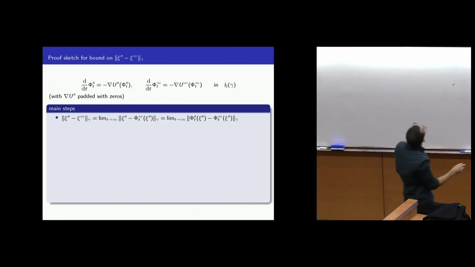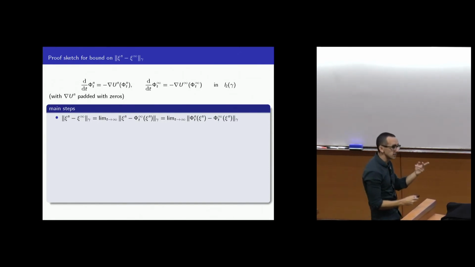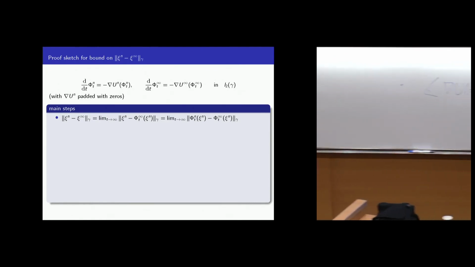Okay, right. And so I now want to compare the fixed points, basically, of two ODEs that live in the same space, right? And I'm going to do that via these two equalities, right? So here I've just used the fact that I know from the previous result that this thing must converge to this thing, right? And here I've just used the fact that psi n is a fixed point for this guy, right?